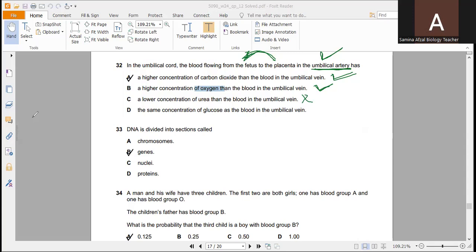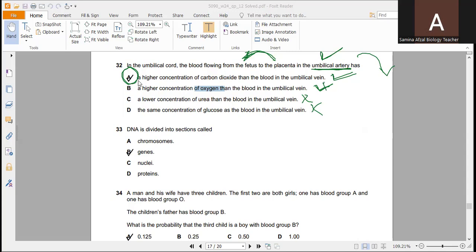Glucose is a nutrient supplied by the mother, so the umbilical vein would have a high concentration of glucose as it carries nutrients to the fetus. Only A is the correct option because the umbilical artery carries the deoxygenated blood in comparison to the umbilical vein, which carries the oxygen.